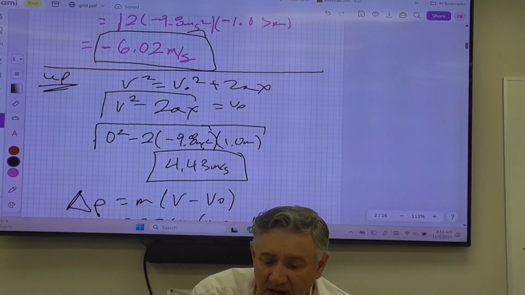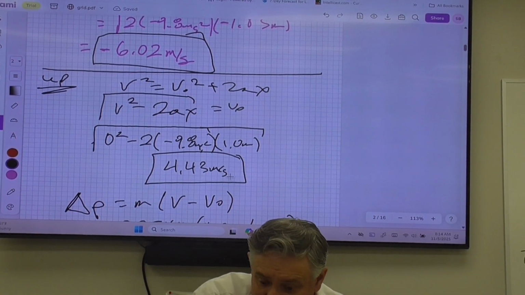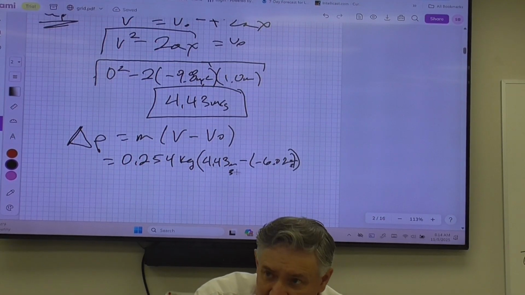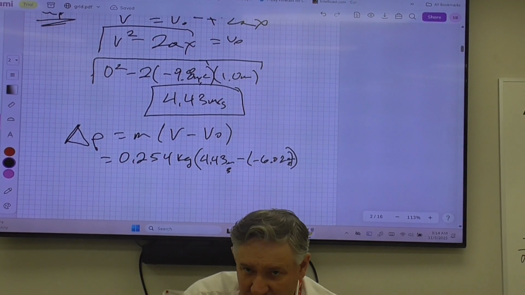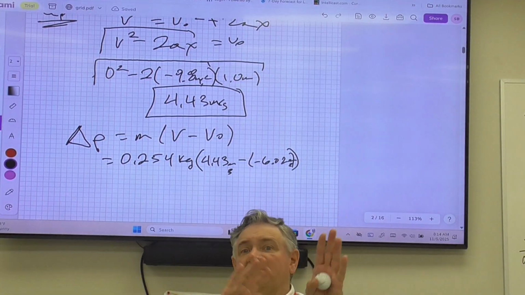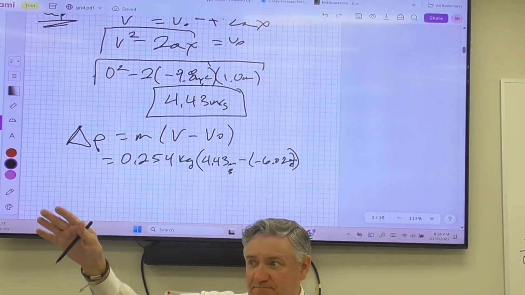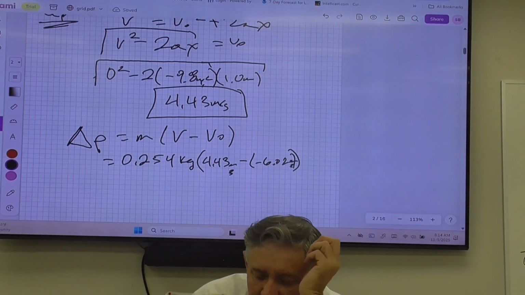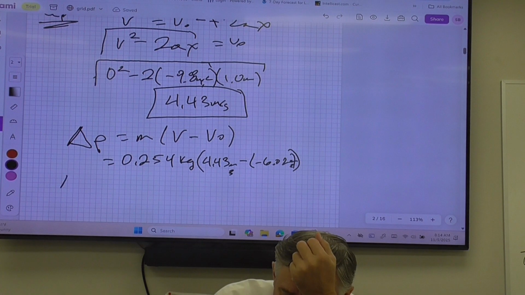And the initial velocity that you find on the way up becomes the final velocity in contact with the ground. So V becomes V naught, and V naught becomes V. That's the trickiest part of this whole thing. So this is going to be the change in momentum of the ball.